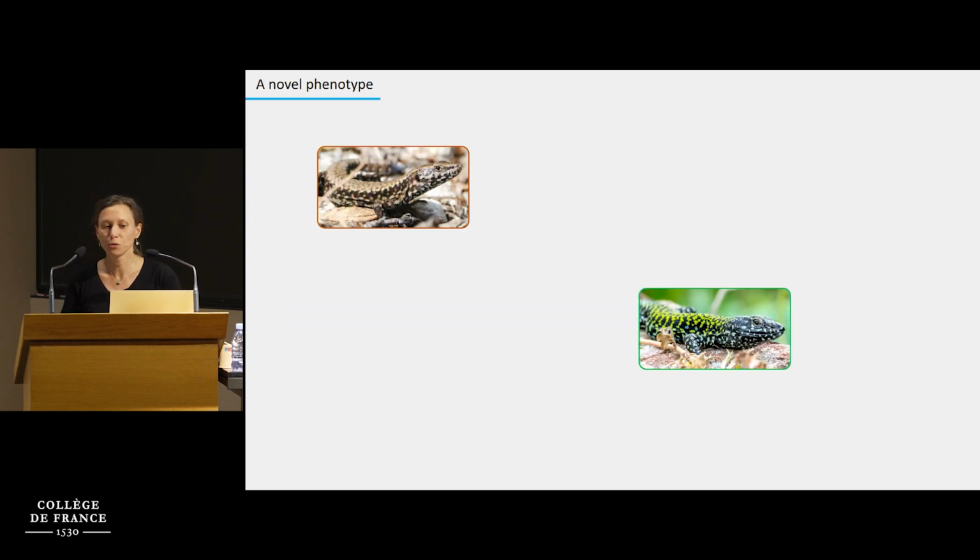If we compare the two types, what's mostly conspicuous to your eyes is the coloration differences. These green lizards here have UV blue spots on the side. They have a green dorsal coloration and a black ventral coloration. They differ also in morphological features: they can reach up to twice the body size, and they have massive heads with long and wide skulls.